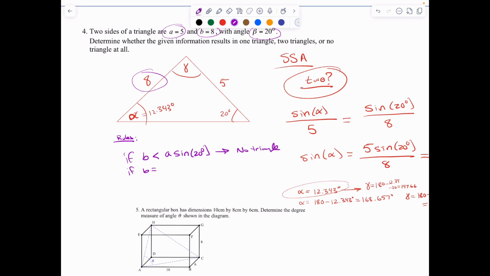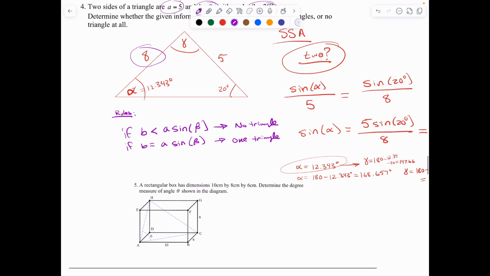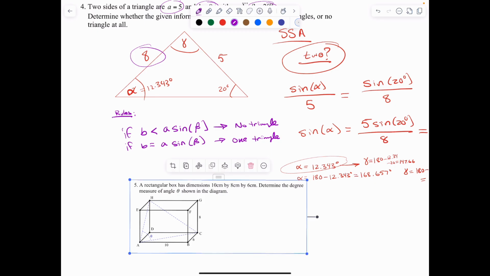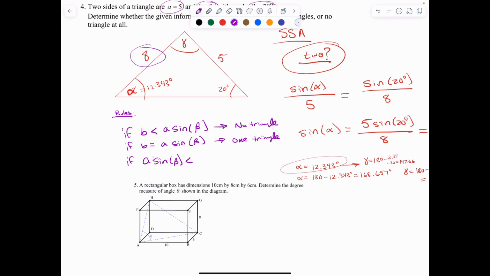If b is equal to a sine beta, then there's exactly one triangle. If a sine beta is less than b, which is less than a, then there are two triangles. And if b is greater than a, we're back to one triangle.